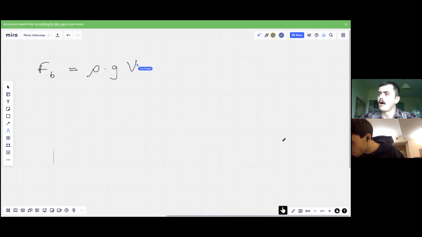Yeah. Okay, so using this expression, if I told you that a sphere floats in water so that exactly half of its volume is below the surface, can you find an expression for me that links the density of the sphere and the density of the water that it floats in?